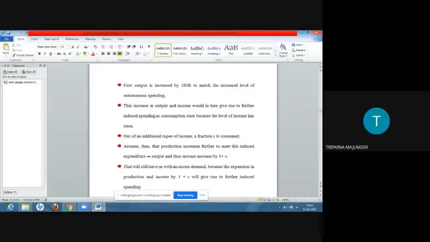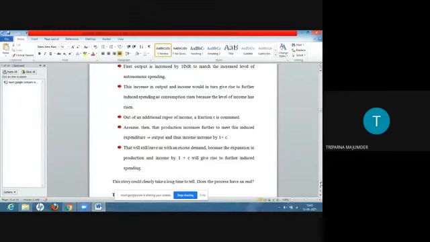Now, this increase in output and income would in turn give rise to further induced spending as consumption rises, because the level of income has risen. Out of an additional rupee of income, a fraction C is consumed. Assume then that production increases further to meet this induced expenditure, which implies output and thus income increase by 1 plus C.